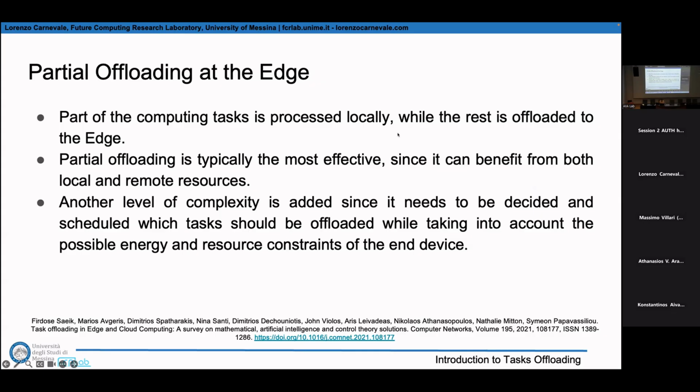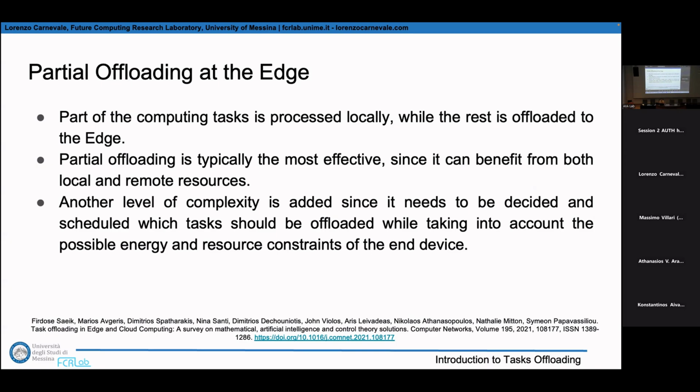Partial offloading is typically the most effective approach that can be used by an offloading task, because we can benefit from the local computation and the remote computation. So we can benefit from the resources that are locally available and the resources that are remotely available.